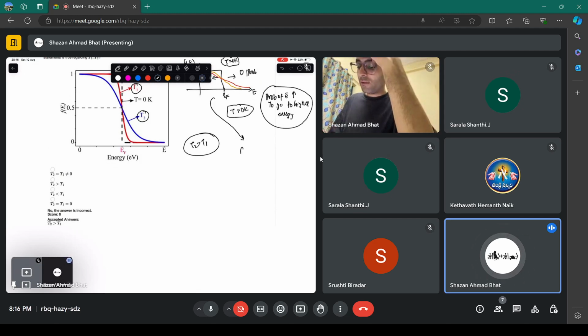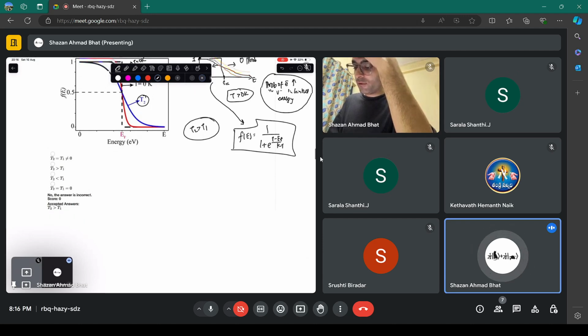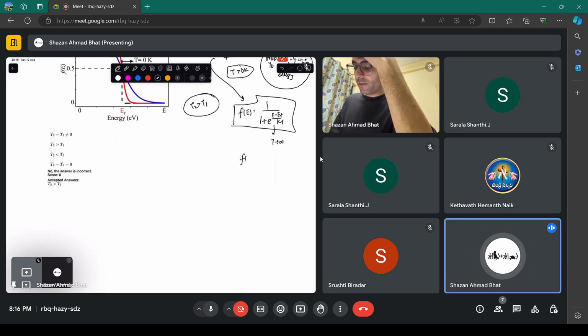And you can simply think about this Fermi function. If you put, let's say, T tends to infinity, you get f of E equals 1 by e to the power (E minus EF) by infinity. That would be 1 divided by 1 plus e to the power 0, since 1 by infinity is 0.